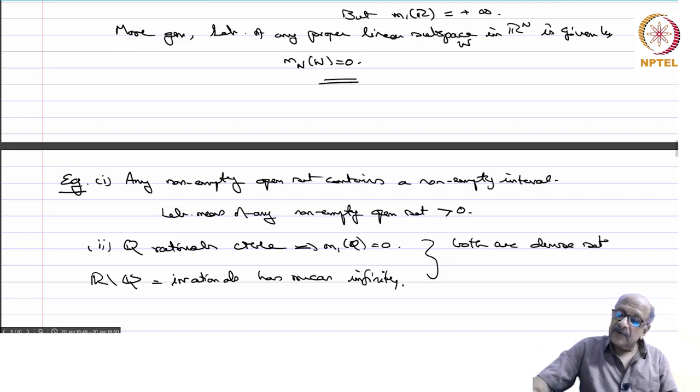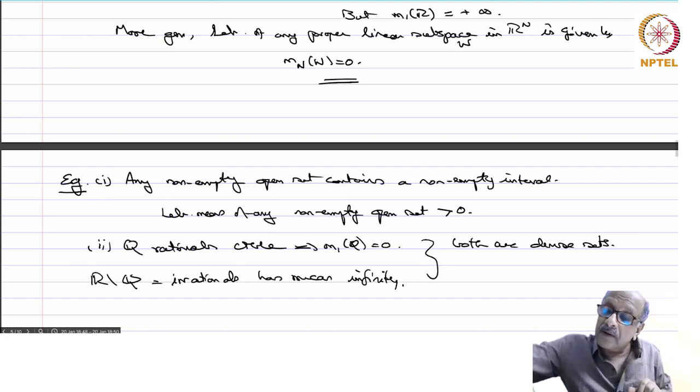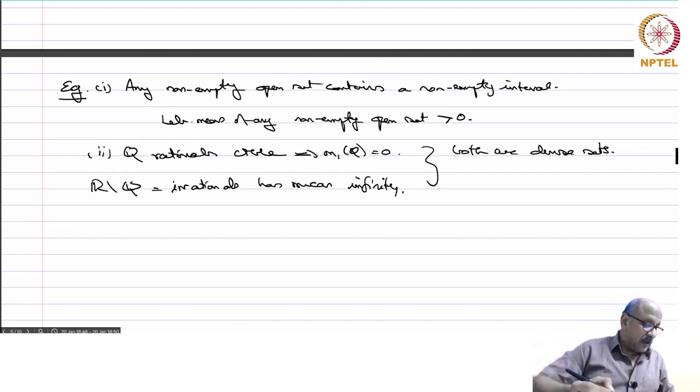So denseness and measure don't have any connection, because you can have a dense set of measure 0, namely Q, even though it is more or less everywhere.